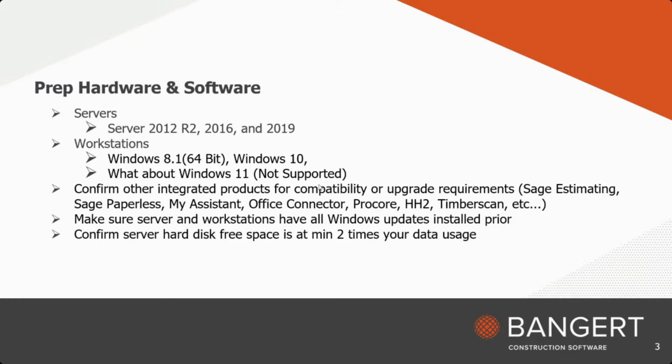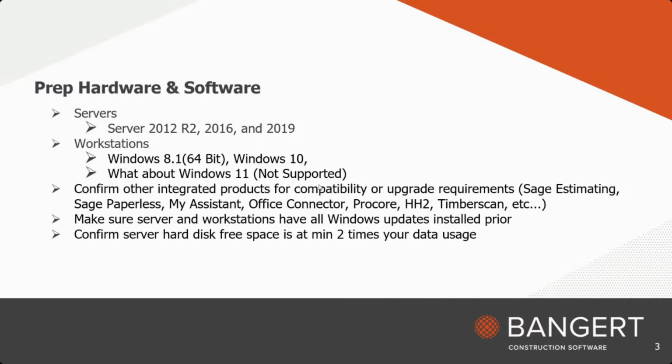As you're thinking about prepping your software side of things, you want to make sure that you're looking at any of your integrated software vendors, as well as your Sage integrated tools, when you're thinking about, is it compatible with the new version, or do I need to wait?